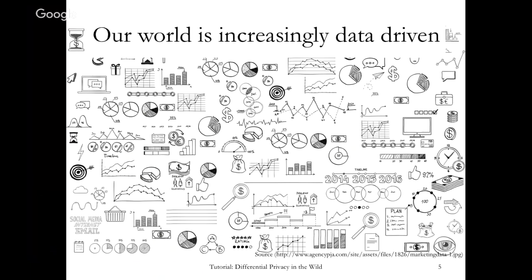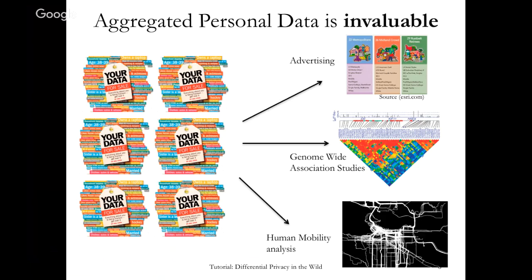I'm preaching to the choir. I'm at SIGMOD, so data is the currency, right? Everything about us, around us is increasingly data-driven. Much of this data that is driving the revolution around us is collected from individuals. These data are aggregated, and they're used for a variety of interesting purposes.